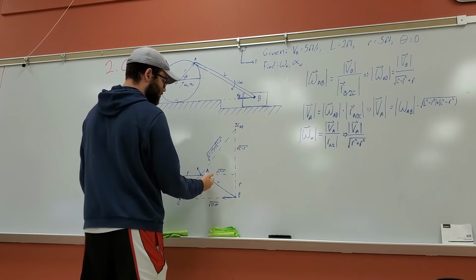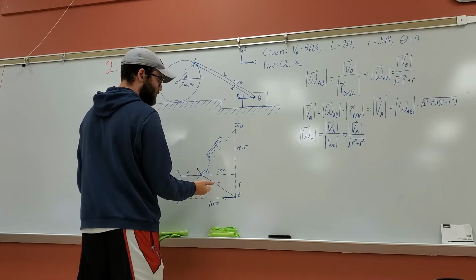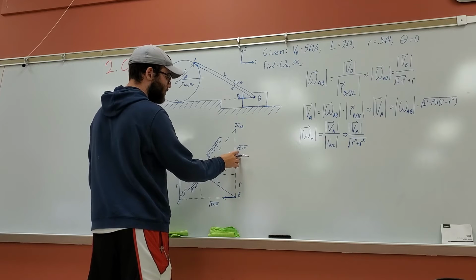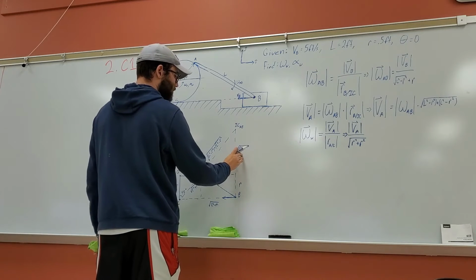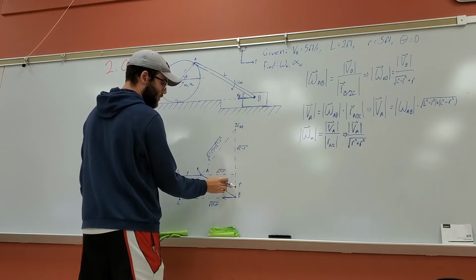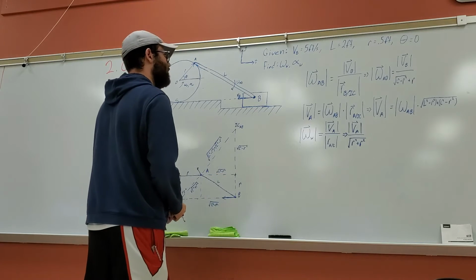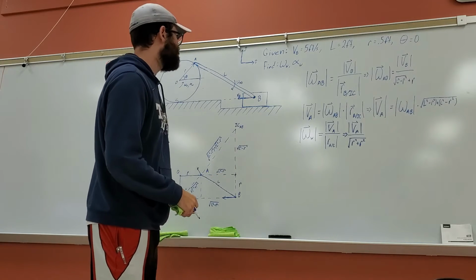And then since we know it's a 45, 45, 90 triangle, we know this leg would be this distance D. And so from there, we can add that to our radius. Using that, we can make our equations.